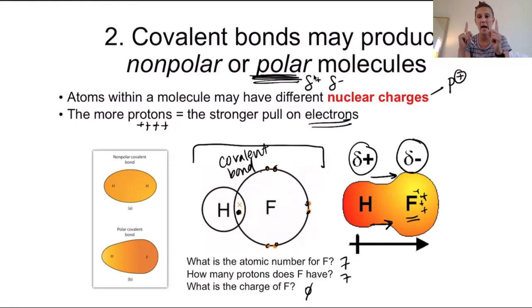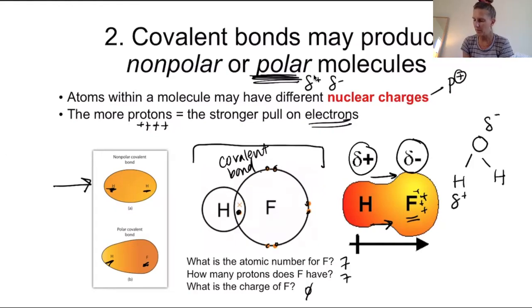That usually has to do with two different atoms. A nonpolar bond is when you have two atoms of the same kind, right? Polar, different atoms. So really quickly, if we do our little water again, H2O, the oxygen is going to pull those electrons in, giving it a partial negative, and the hydrogens are going to have a partial positive charge.